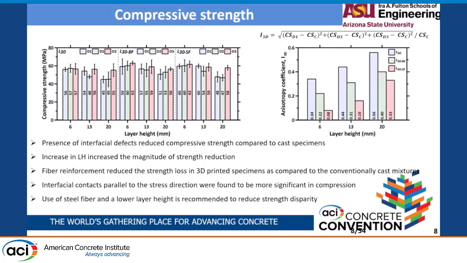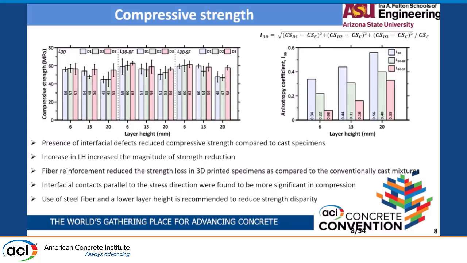If we look at the D3 direction, in all 3 layer heights it has similar strength. D3 is the direction where the stress is applied parallel to the interlayers. In compression, the interface parallel to the stress application direction is more critical to failure, as it is easier to separate.